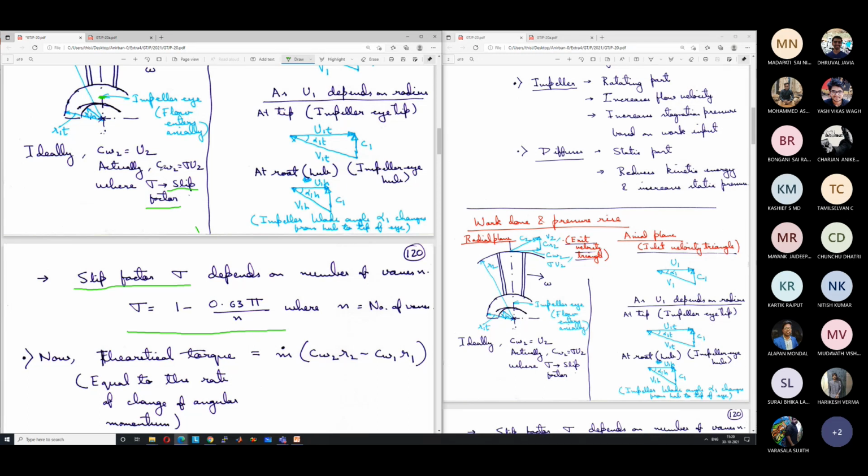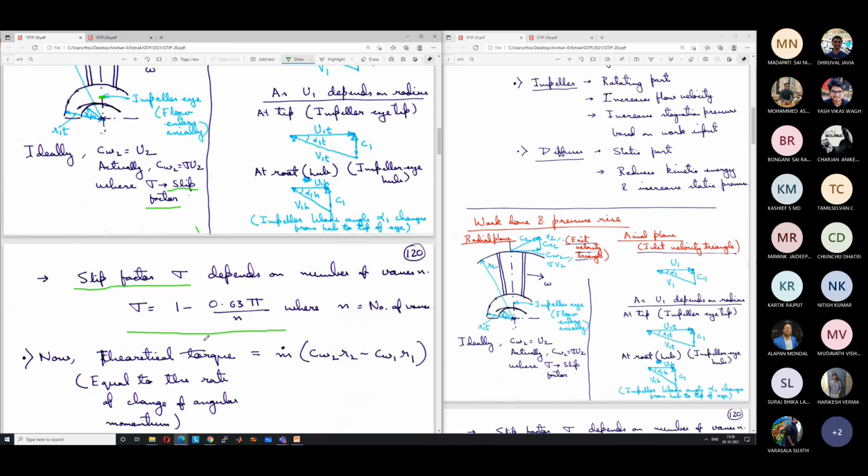So we will get very less wheel component. It will be clear in a moment that we need larger wheel component because that actually gives us the pressure increase, and that is the output of the work input.